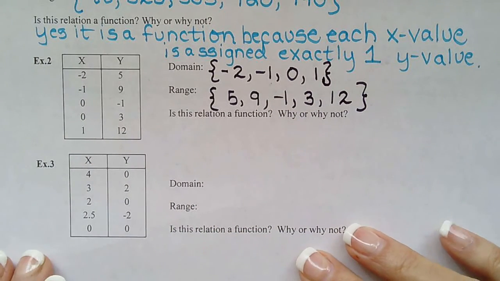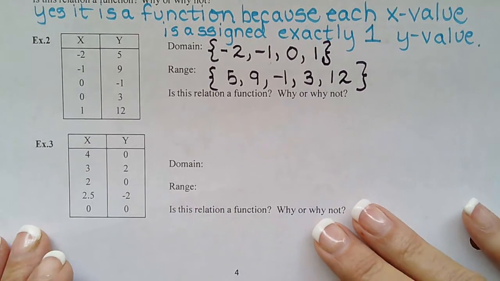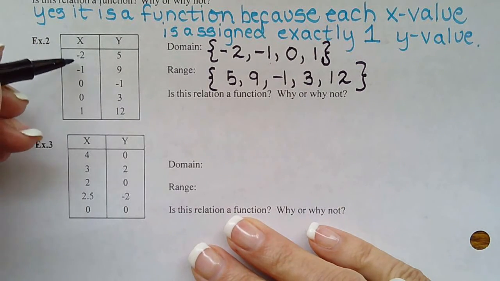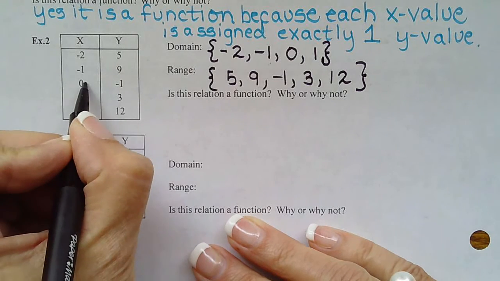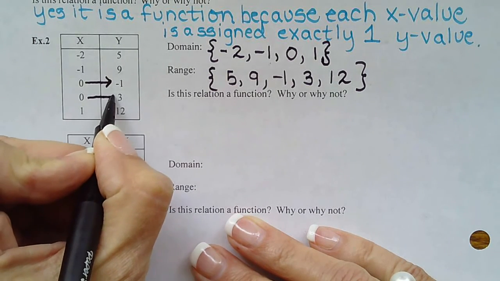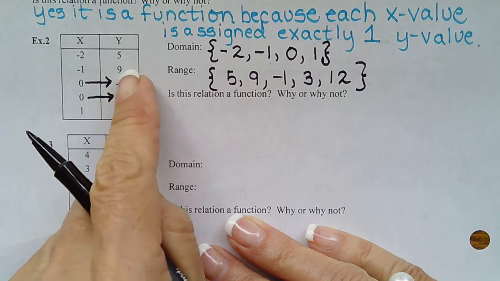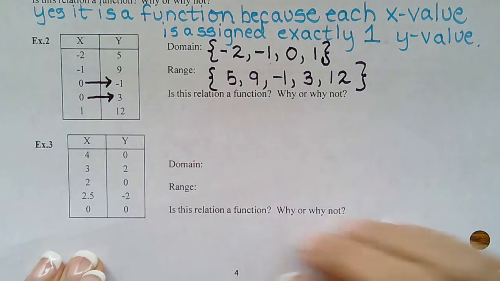So now we need to decide whether it's a function, and hopefully you did this on your own first. Turn the camera off. So we skim the list and see if x's are repeated. I see an x repeated, so I look over and see, is it assigned exactly one y value, or is it assigned two different y values? And this one is assigned two different y values.